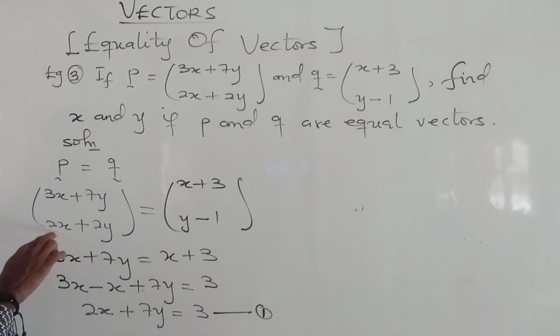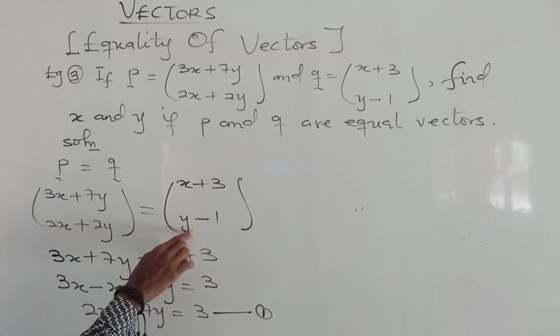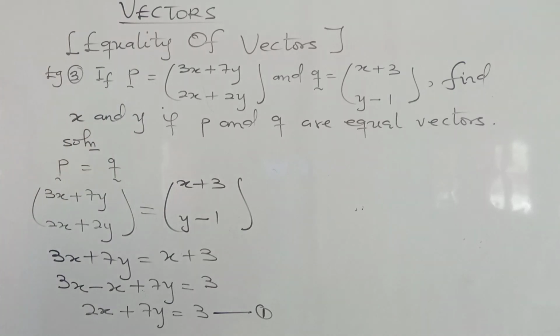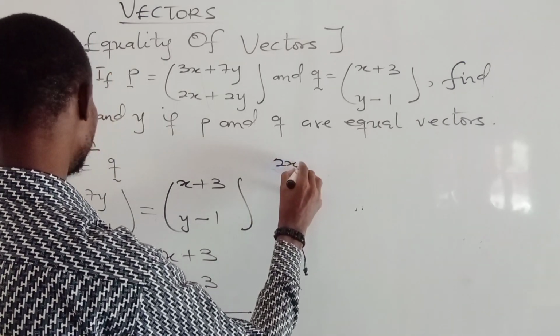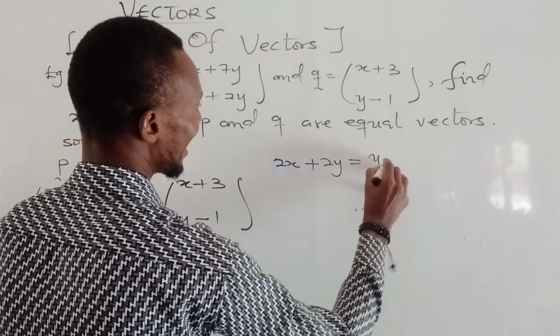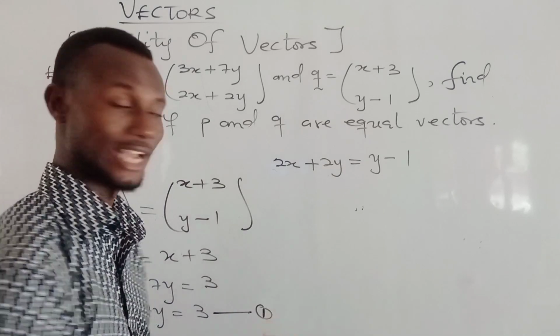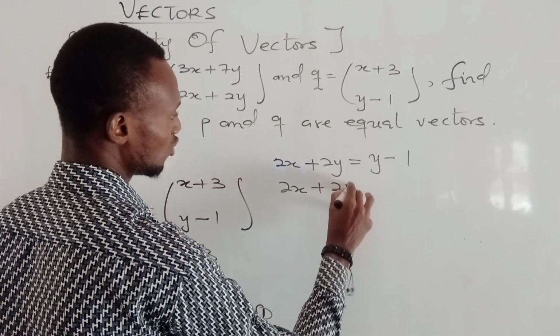So I'll take my 2s plus 2y equals to y minus 1. Then equate them as well. So let's go ahead and do that. So I have that my 2s plus 2y will be equal to y minus 1. Again, we just need to group like terms. So I have my 2s here plus my 2y.